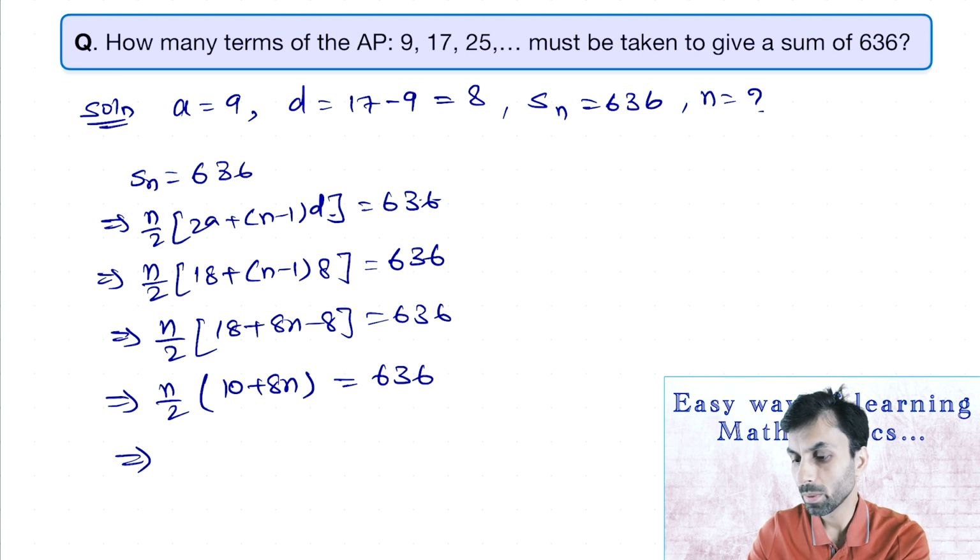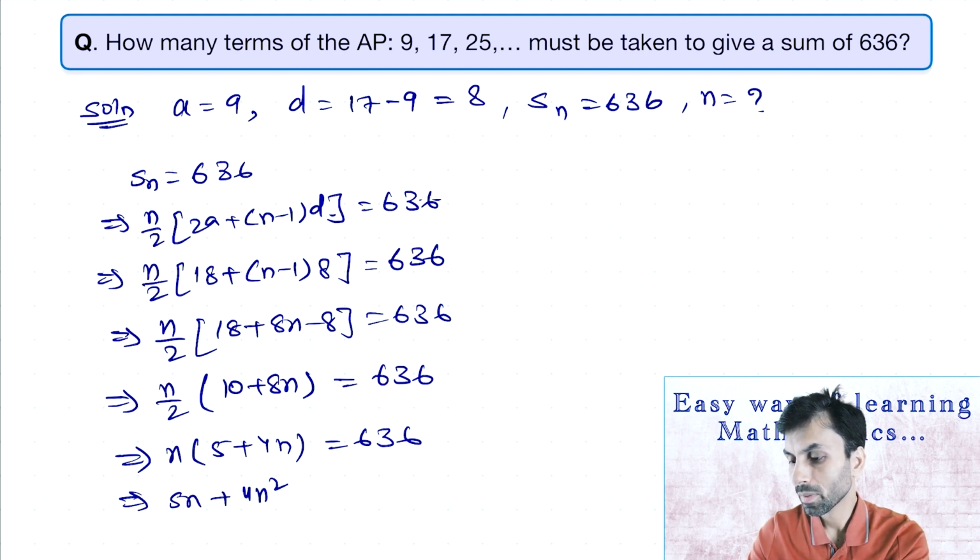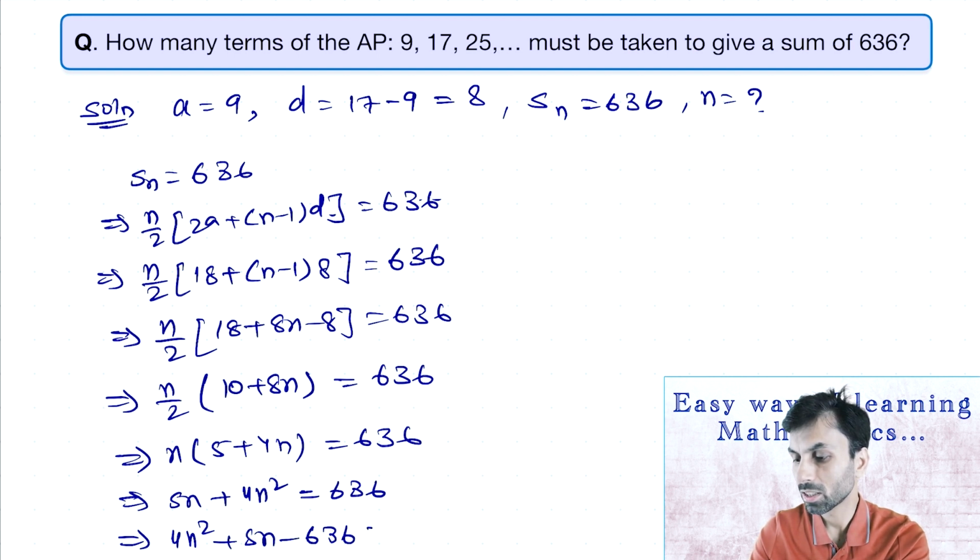On taking 2 common, we'll get n into 5 plus 4n equals 636. On expanding, we'll get 5n plus 4n square equals 636. We are going to write it in the quadratic form here: 4n square plus 5n minus 636 equals 0.